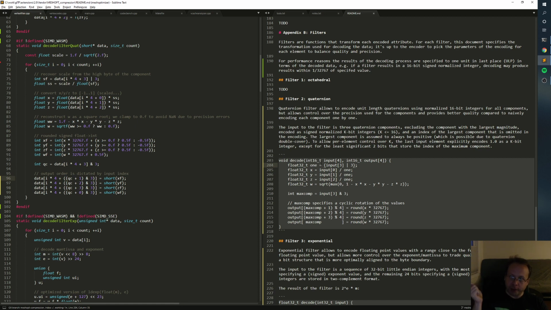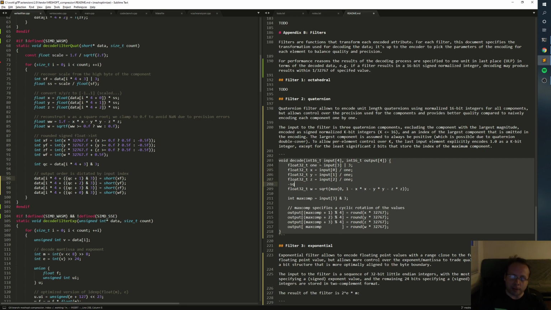And the final tweak to this encoding, so this is almost correct now. The final tweak to this encoding is that since we are reconstructing the maximum component, and the input quaternion is normalized, the maximum value of all of the other components is actually not 1. The values aren't -1 to 1.